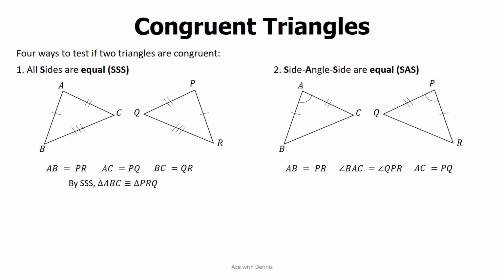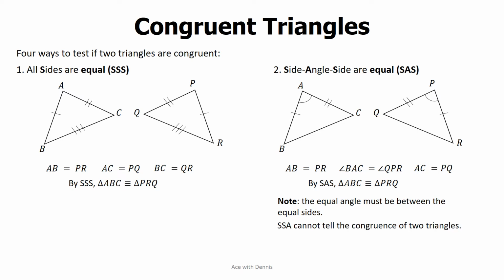AC equals PQ. If these conditions are satisfied, then by SAS, triangle ABC is congruent to triangle PRQ. Do take note that the equal angle must be in between the equal sides. SSA cannot tell the congruence of two triangles.